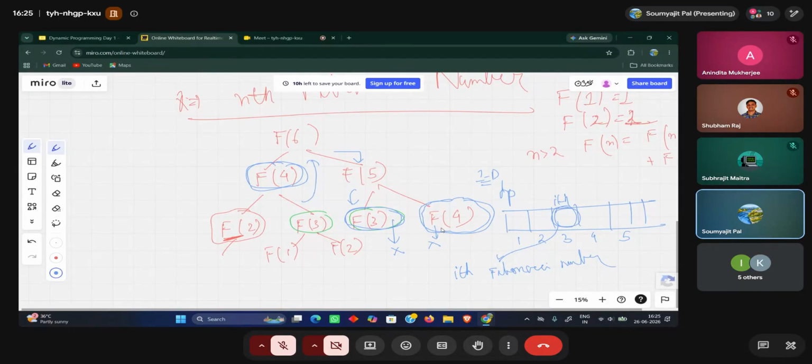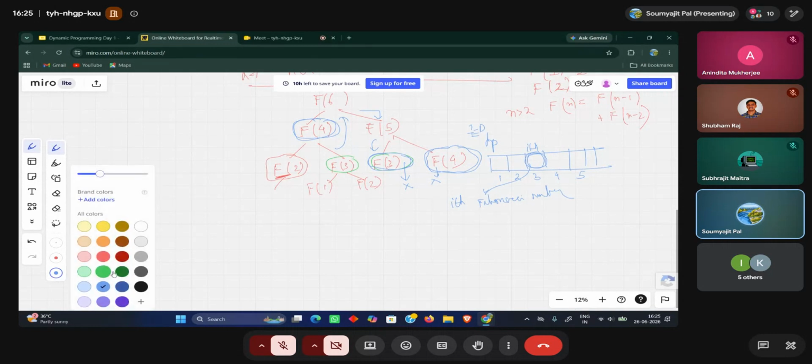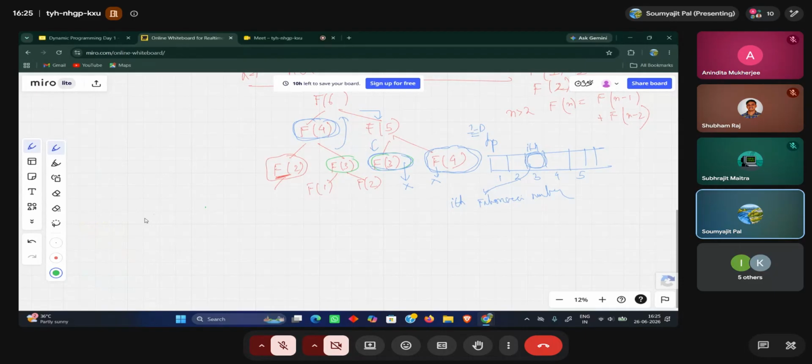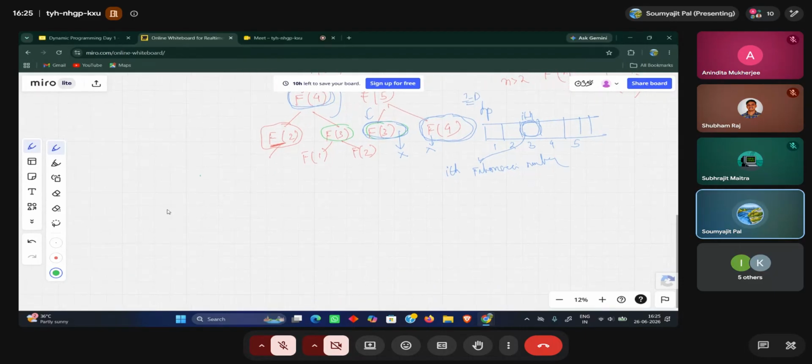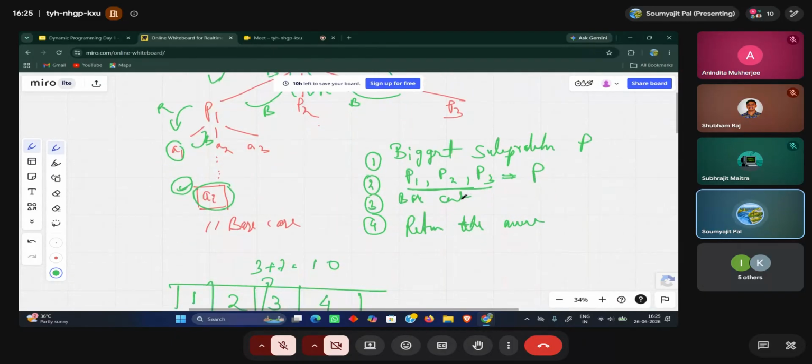Okay. So there are some terminologies related to DP. First thing, whatever we have discussed here, some bigger subproblem, then smaller subproblem.